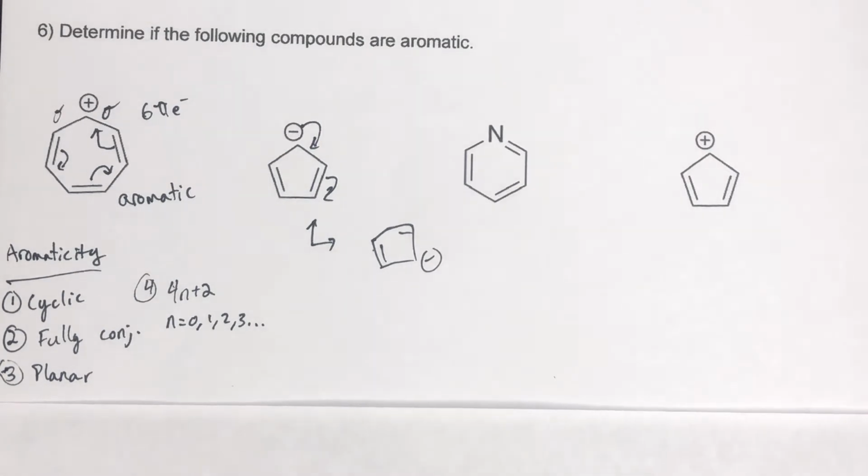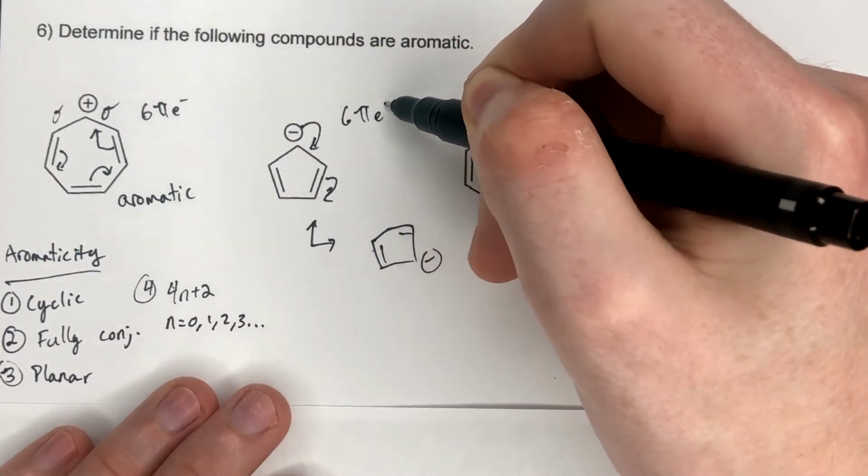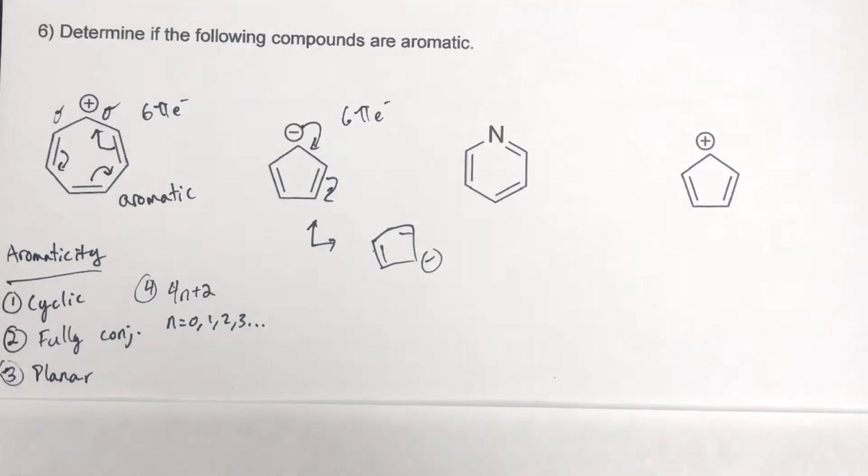So now you have to count that lone pair as part of the total pi electrons. So in essence, it has 6 pi electrons or 3 pi bonds, because sometimes that lone pair is actually a pi bond, depending on the resonance structure that you're in. And remember, these actually exist as a resonance hybrid. So in reality, that pi bond just has partial lone pair character and partial double bond character.